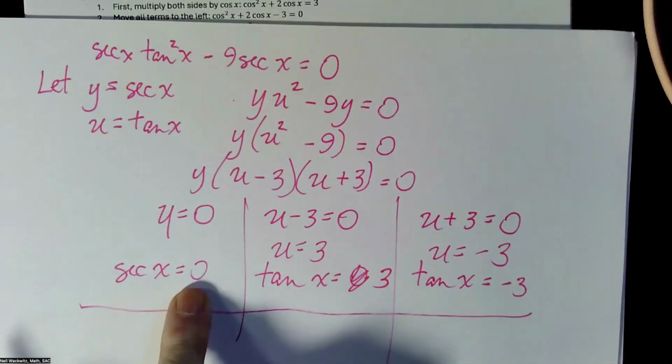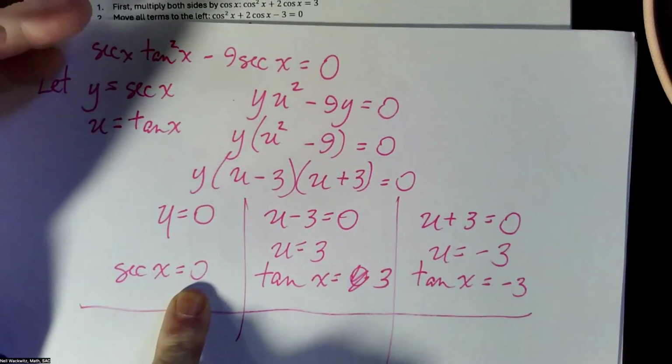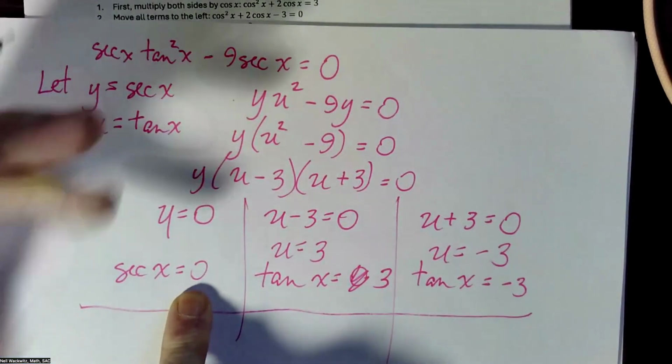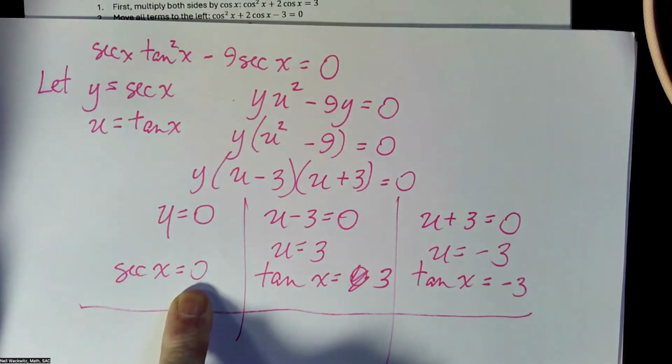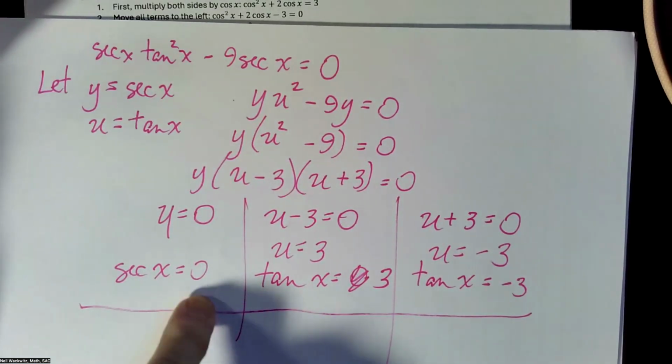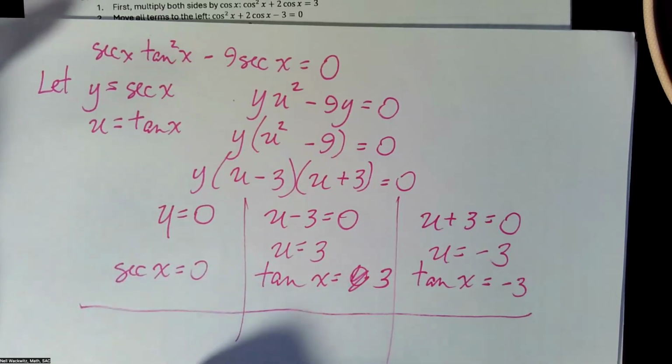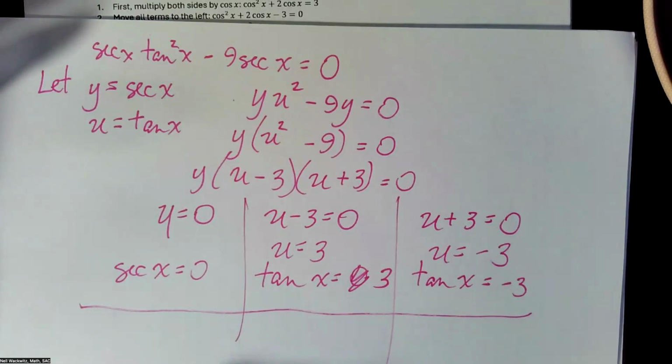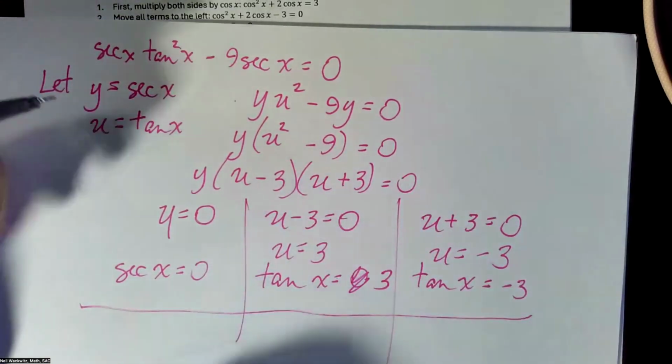And secant x equals 0. Well, secant is the reciprocal of cosine. Where is cosine 0 between 0 and 2 pi? Yeah, cosine is 0.